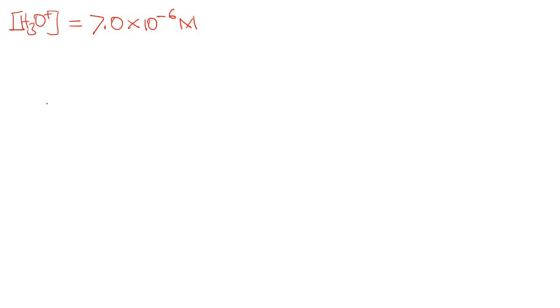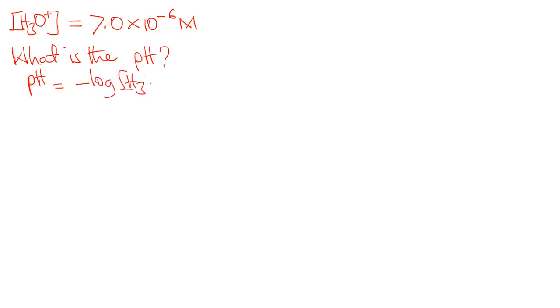Now, how do we obtain the pH? Once you find your X, once you find the concentration of the hydronium ion, then you can go on and say pH is equal to negative log of the concentration of the hydronium ion.